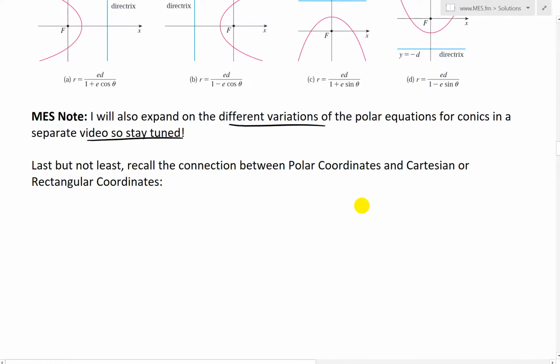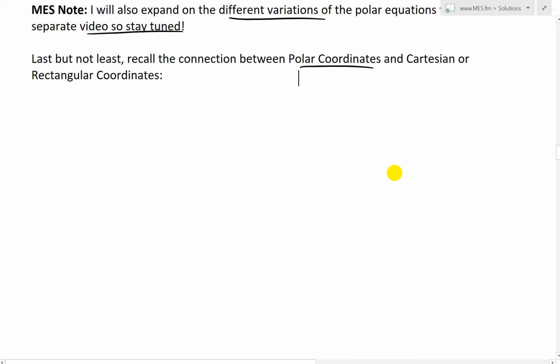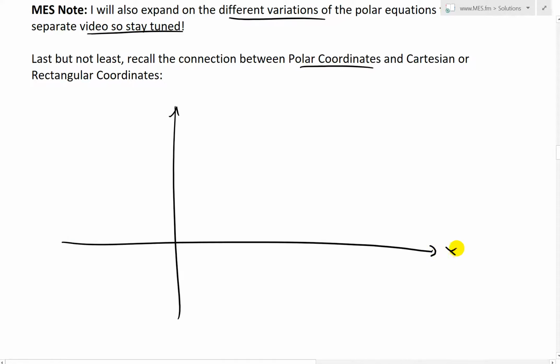Last but not least, recall the connection between polar coordinates and Cartesian or rectangular coordinates. Just to quickly recap, if you haven't already watched my earlier videos on polar coordinates. If you have x and y like this, the positive x-axis is the polar axis.